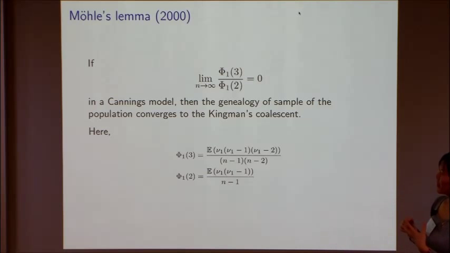And that makes sense because Kingman's coalescent only allows binary merges. And you can imagine if you have a population model given by a Cannings model where 3 merges are possible and on the same order of magnitude as 2 merges, then you wouldn't get Kingman's coalescent because you'd expect 3 merges and Kingman's coalescent doesn't have them.